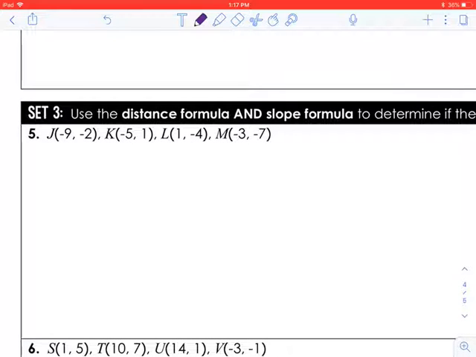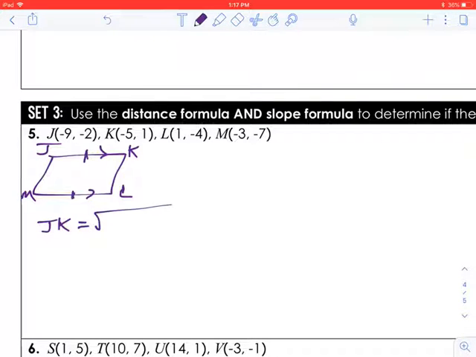So I'm going to go, so J, K, L, M. We're going to find the distance for JK and the slope for JK. So for JK's distance, it's going to be x minus x, so -9 minus -5, so plus 5, and -2 minus 1 squared.